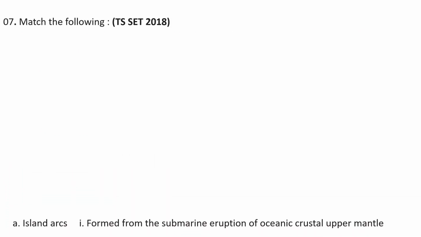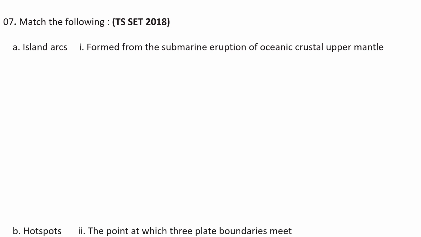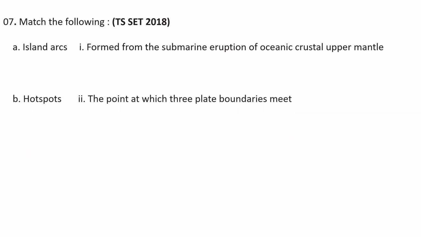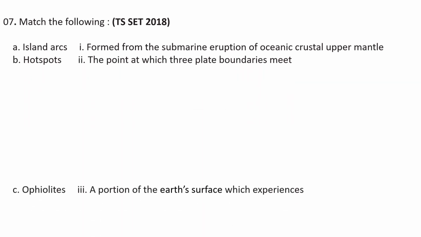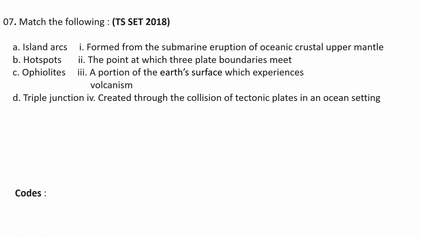Next question. Match the following. Here A, B, C, D are given and 1, 2, 3, 4 are given. In the A, B, C, D section, island arcs, hot spots, ophiolites, and triple junction are given. Whereas in 1, 2, 3, 4: 1 is formed from the submarine eruption of oceanic crust upper mantle, 2 is the point at which 3 plate boundaries meet, 3 is a portion of the earth's surface which experiences volcanism, and 4 is created through the collision of tectonic plates in an ocean setting.